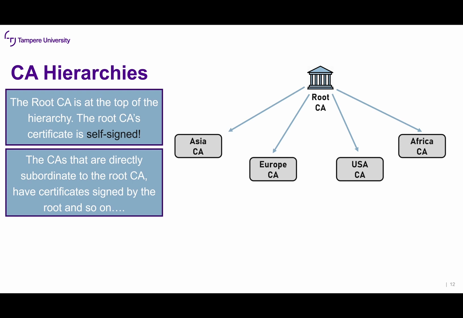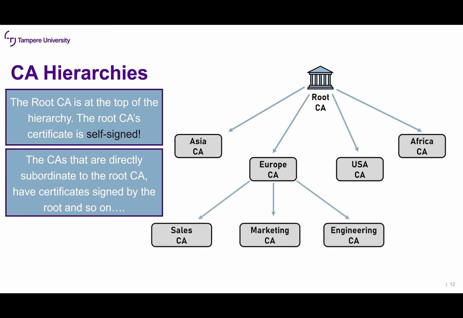Good. Then the CAs that are directly subordinate to the root CA have certificates signed by the root CA, right? Now imagine that in a large organization, the root CA is generated in the beginning, and then we generate one single CA for each of the brands that the company has. One in Asia, one in Europe, one in the States, and one in Africa, right? Then each of these brands has its own sub CAs. For example, in Europe, we have the sales CA, the marketing CA, and the engineering CA.